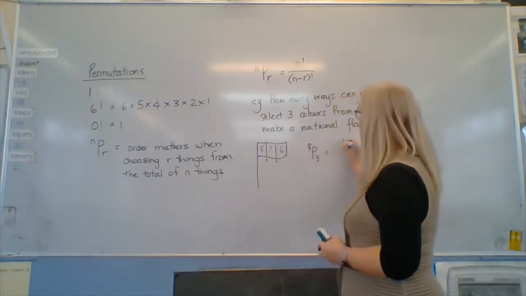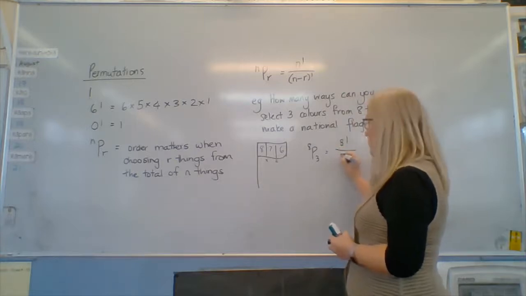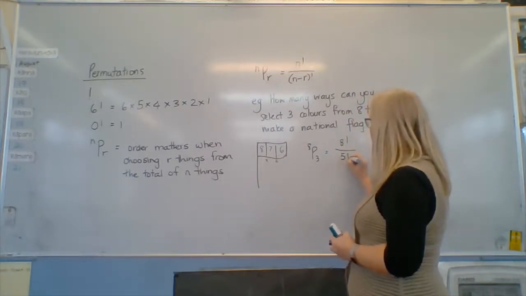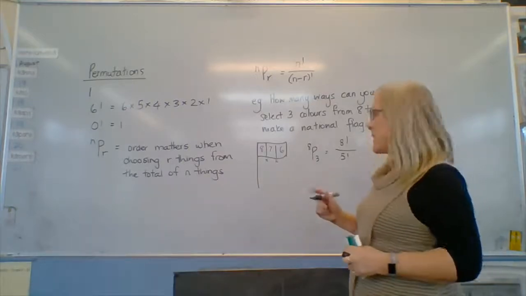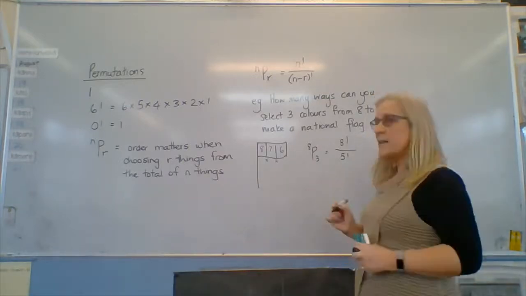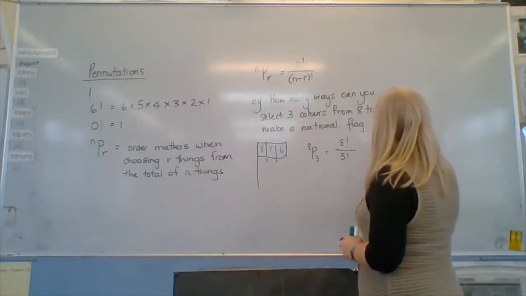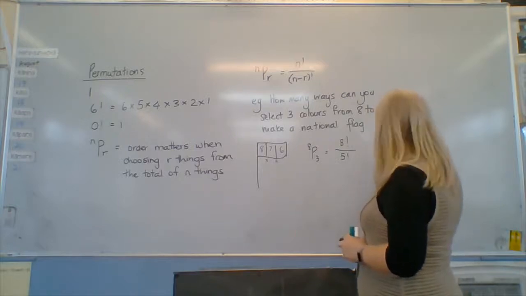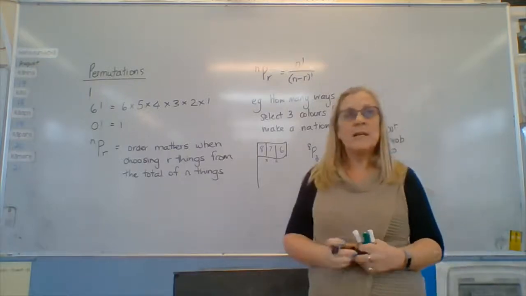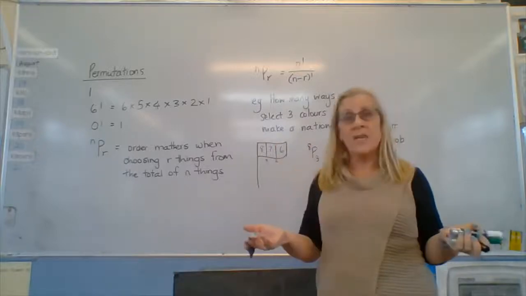But if we're using the formula to find this out, it would be 8P3 equals 8 factorial divided by 8 minus 3 factorial, which is 5 factorial. You can put this in your calculator straight away, and in fact there is a button, same place you found the other one. Under options, probability, next to the factorial, you will see a P button. You just put in 8 P 3, and it will give you the answer.